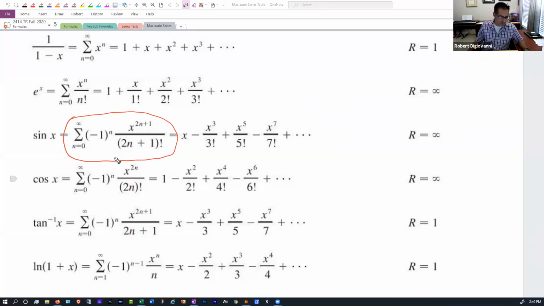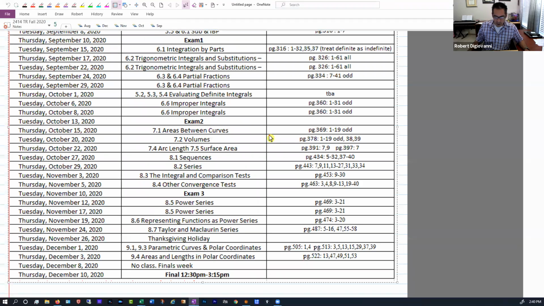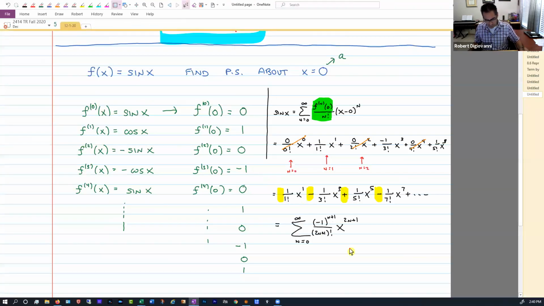My fault. That's what happens when I'm crushed for time. Why do I have to change it to n? Not n+1, because we start at 0. If we were starting at n = 1, then we would use n+1. But because we're starting at 0, we want it to stay at n.